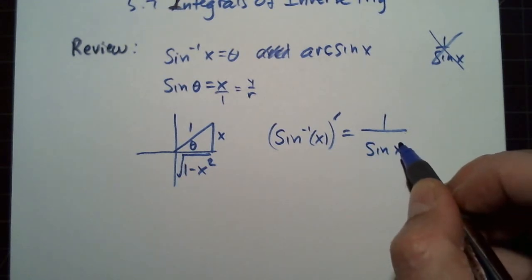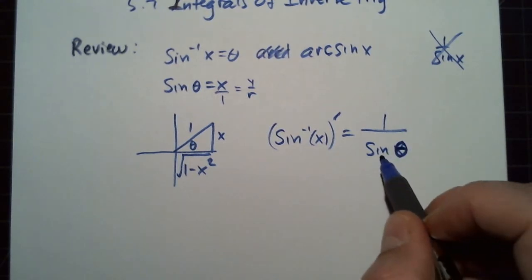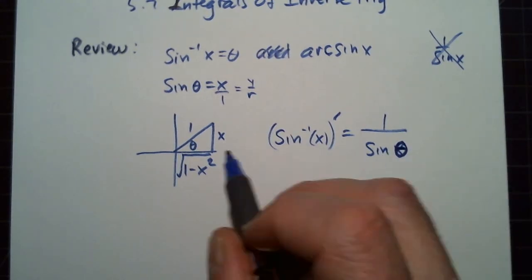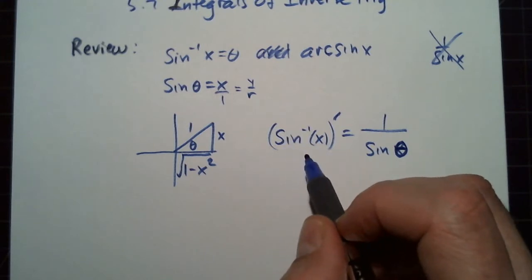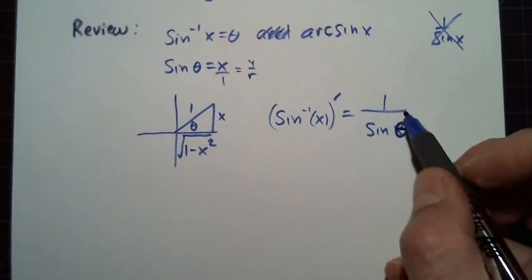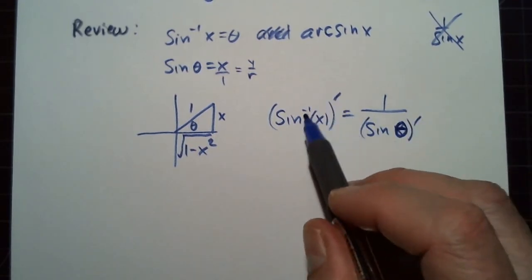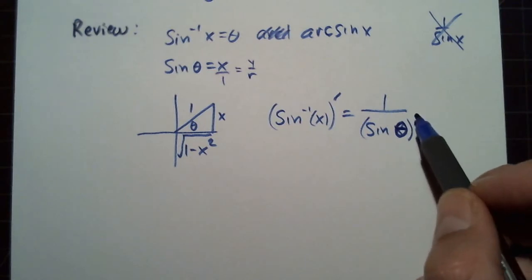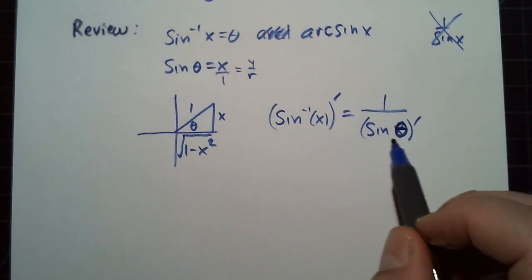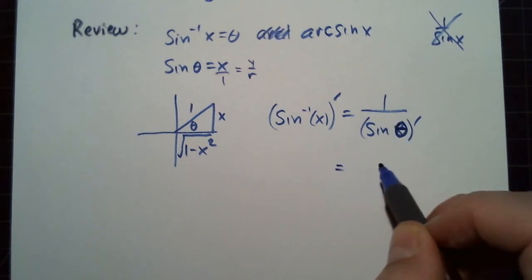To make it clear, why don't we put a theta there? So sine is a function of theta. Inverse sine is a function of x. One more thing, we need the derivative of that. So the derivative of the inverse is 1 over the derivative of the function, but these are usually not the same numbers. So we keep on going.